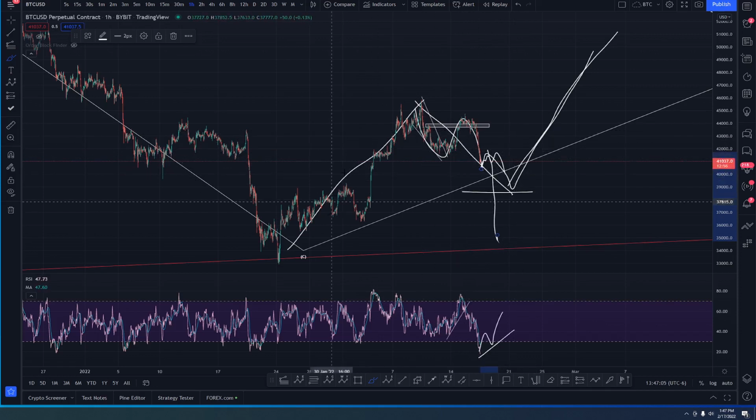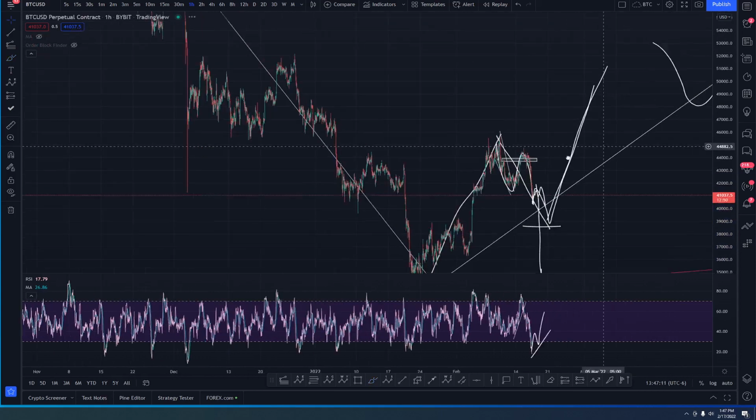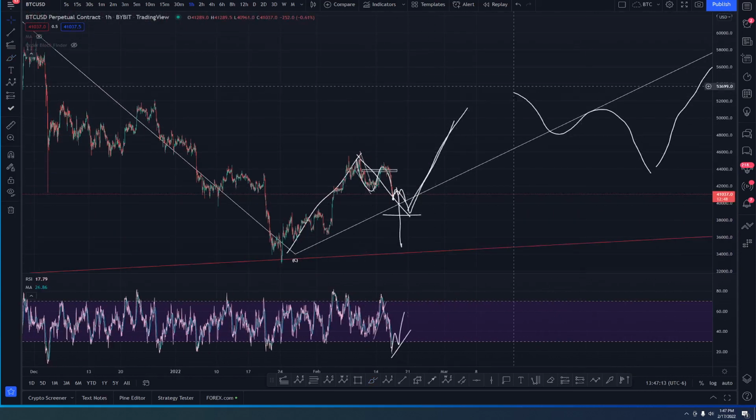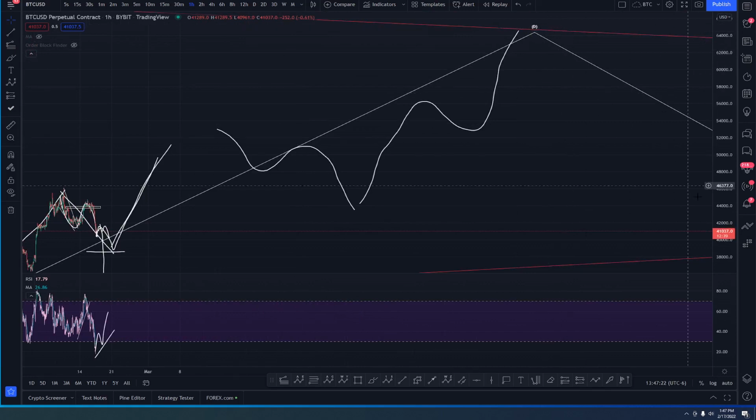And so, in other words, if this kind of maybe just oscillates in this range a little while as a triangle, up and down, up and down, up and down, that might take us into March and April before we get another dump, another bearish move to the downside. So that's the way we're kind of looking at the market, guys.